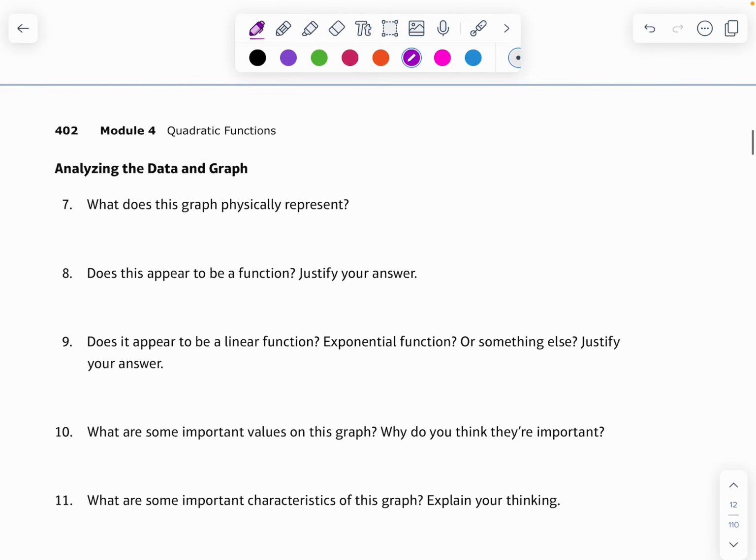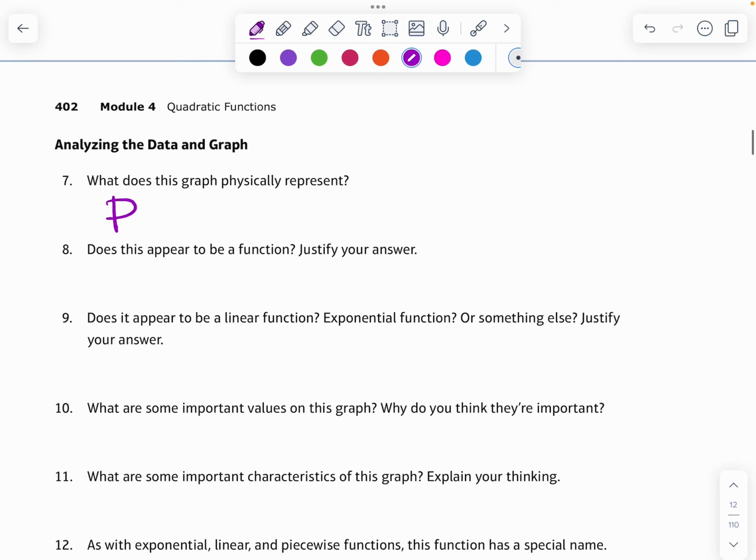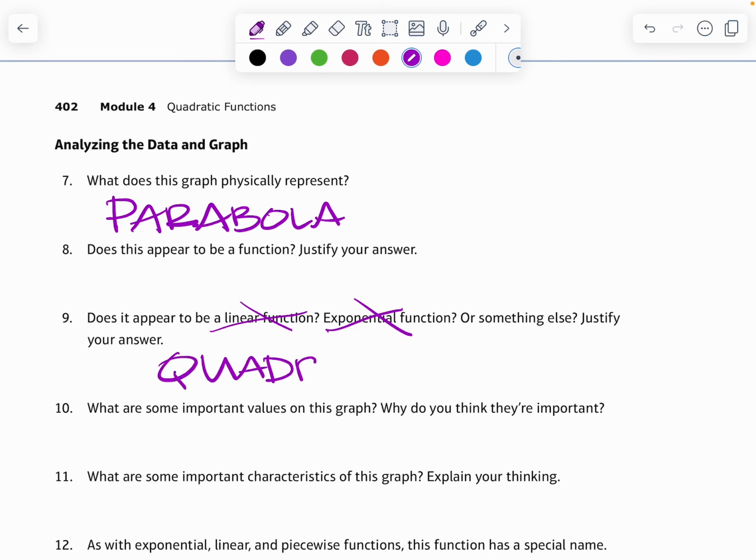But what I do want you to notice is it represents a parabola. Another word for a parabola is not linear. It's not linear. It's not exponential. It is quadratic. This unit is about quadratics or parabolas.